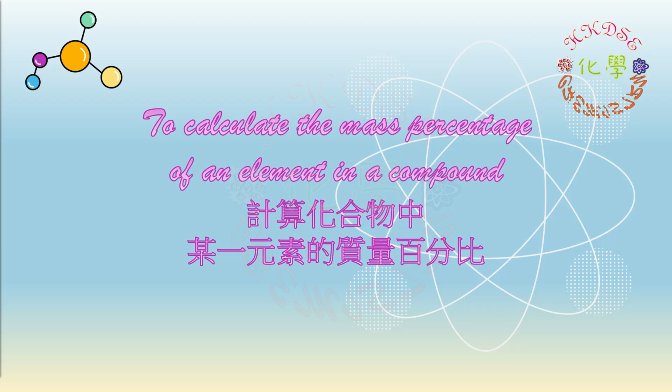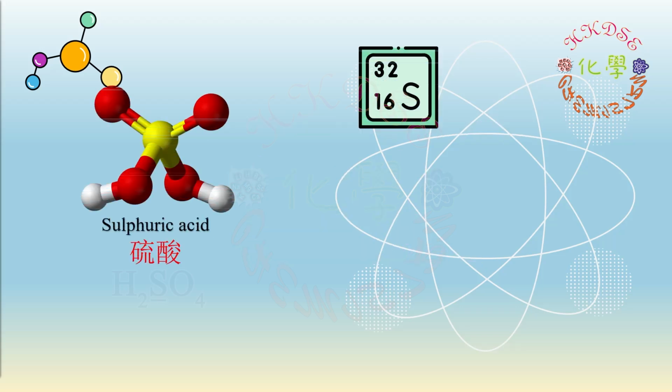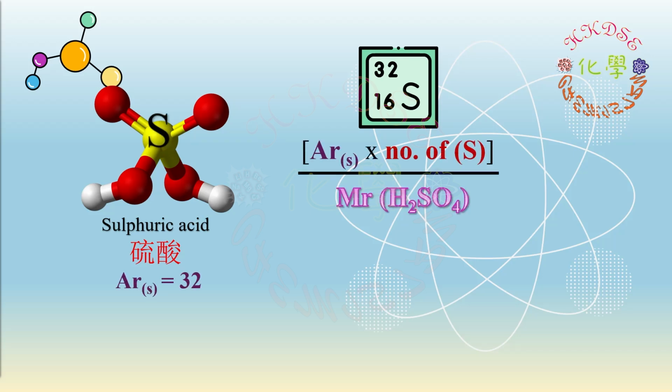To calculate the mass percentage of an element in a compound, for example, we could find the percentage mass of sulfur in sulfuric acid. For this we do the relative atomic mass of the element we're looking for, times the number of atoms of that element, divided by the relative molecular mass of the compound, and then we multiply all by 100, to turn it into a percentage.